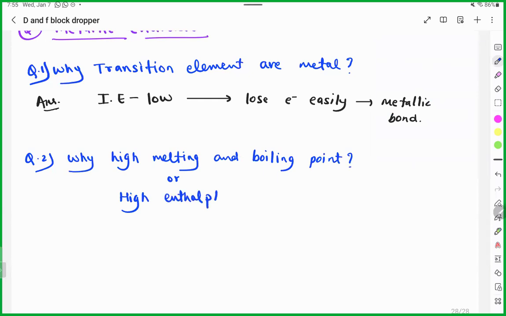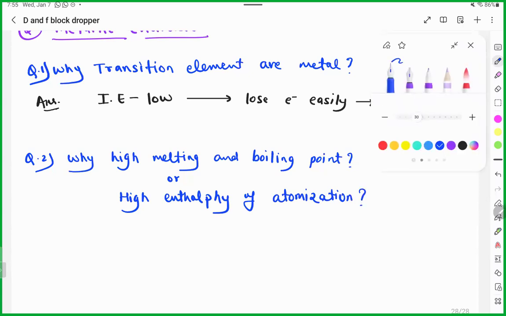We discussed this in one of the classes. The answer is the same: because of the unpaired electrons in the d orbital.